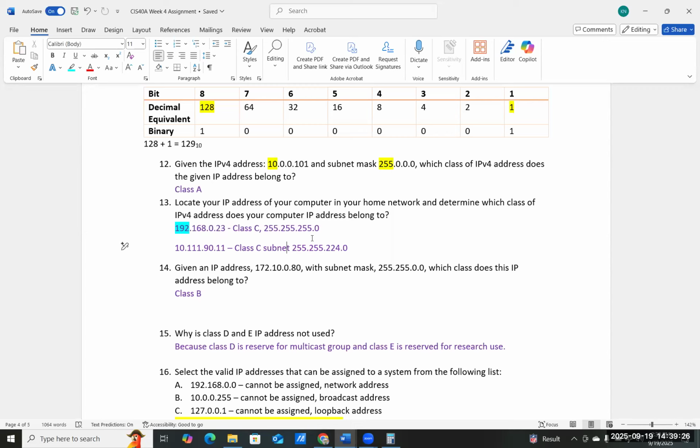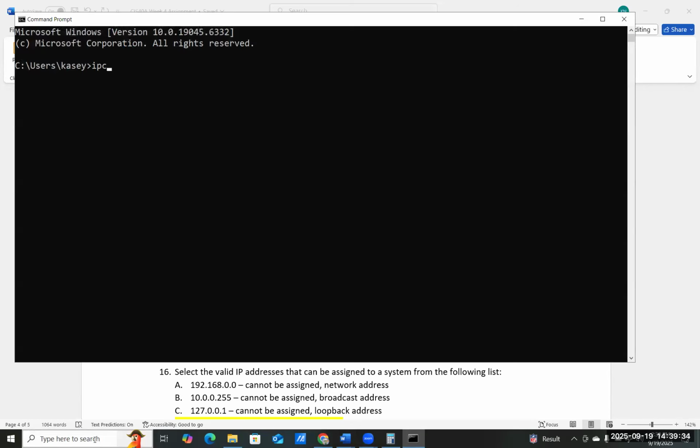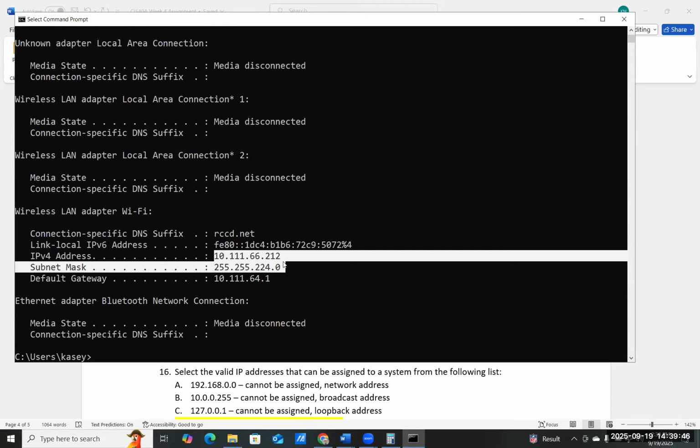Now on your school computer, let's find that real quick. Right? So here's my IP address. You see how this is not a default class A. You see that? 10 is a class A. But look at the subnet mask, right?